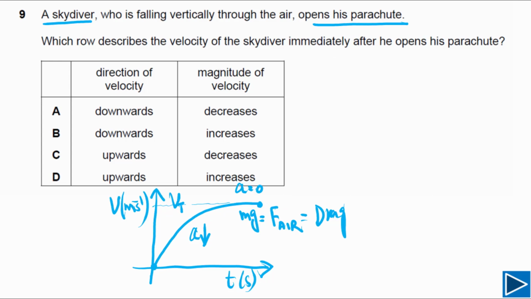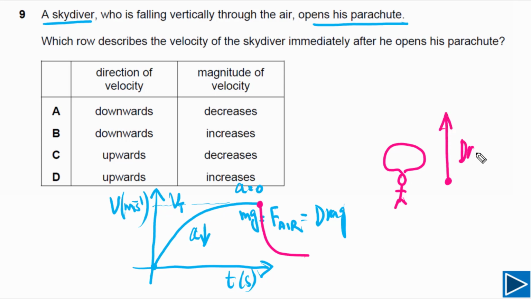So when the skydiver opens his parachute, at this point velocity suddenly decreases and again it will reach a terminal velocity. Now we need to understand why velocity decreases at this point. Because when the skydiver is falling down and suddenly opens the parachute, drag force increases dramatically.